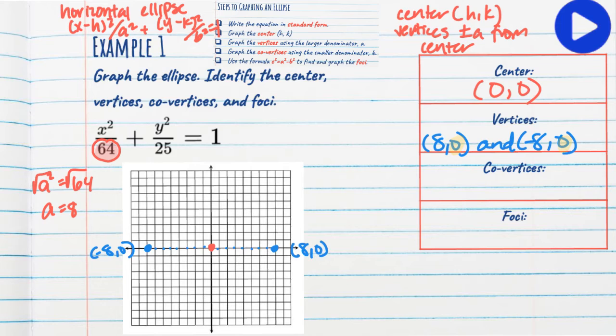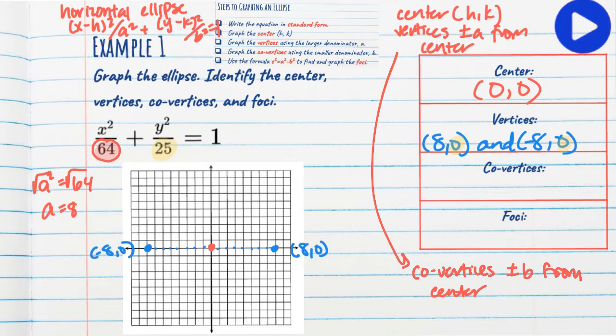Now the next thing that we find are our co-vertices. And our co-vertices come from the other denominator, b. So if you remember, I'm going to add this to my little notes. I'm actually going to add these at the bottom. The co-vertices are plus minus b from the center.